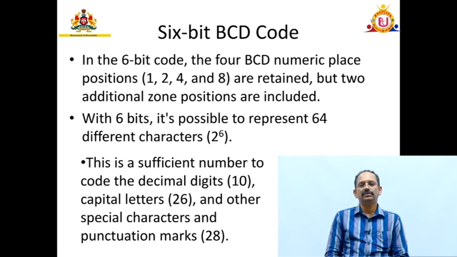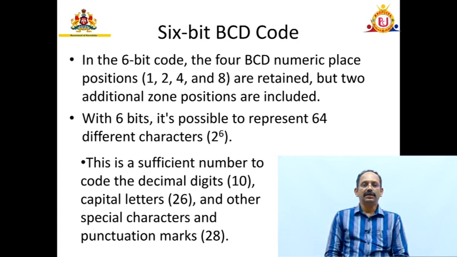What are those symbols? Those symbols can be a decimal value 0 to 9, that comes to 10 symbols. Then alphabets A to Z, that comes to 26 letters, and a few punctuation and symbols are also represented in 6-bit BCD code.